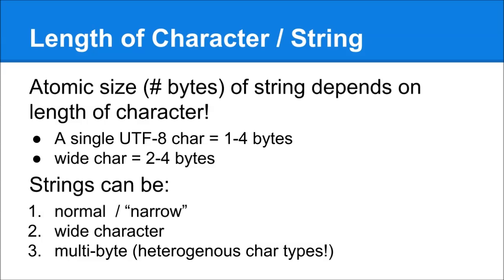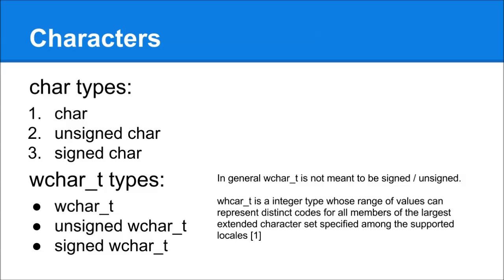By definition, char in C, according to the standard, is guaranteed to be 1 byte. Wide characters, that's what 2 to 4 bytes is, and then depending on the implementation, there can, in theory, be multi-byte strings using different types of characters throughout. I can't imagine why you'd want to do it, but I'm sure someone has done it for fun.